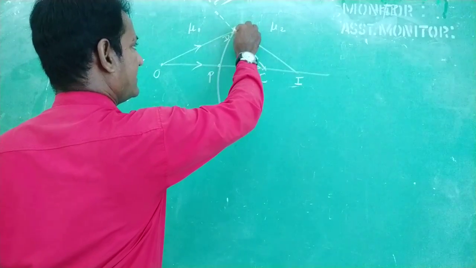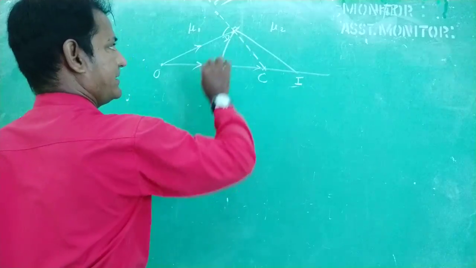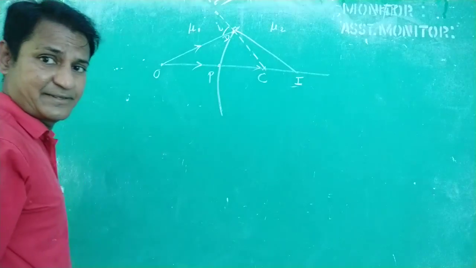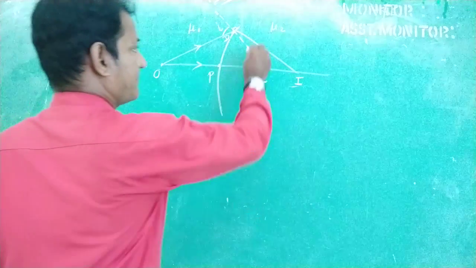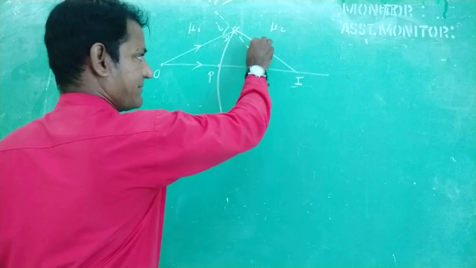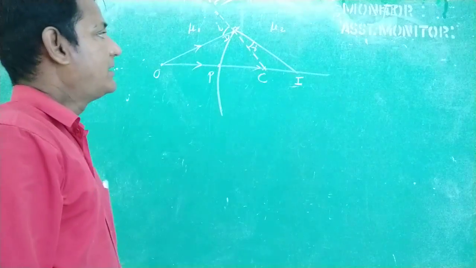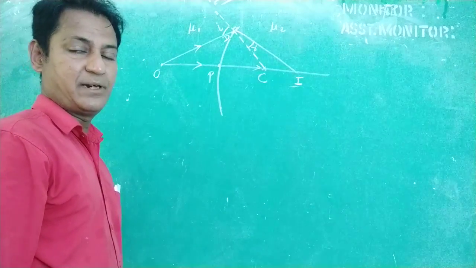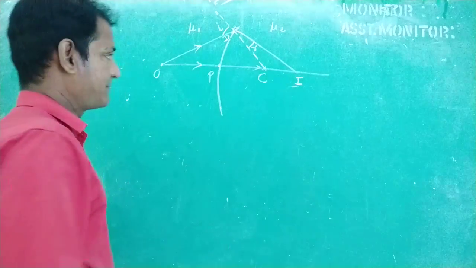Now mark this angle as the angle of incidence, and mark the angle here as the angle of refraction, and we have to mark some angles.